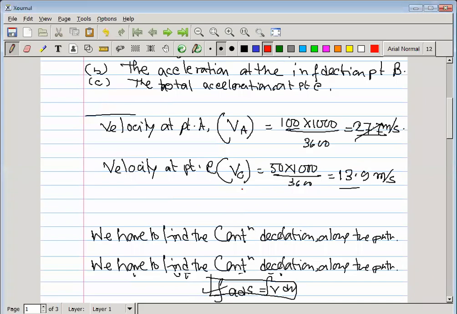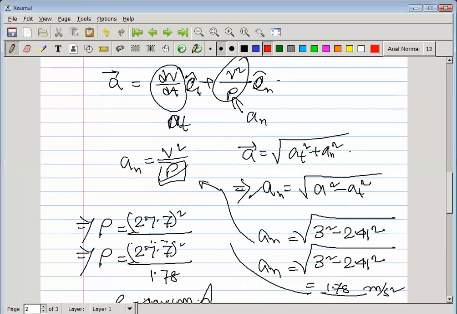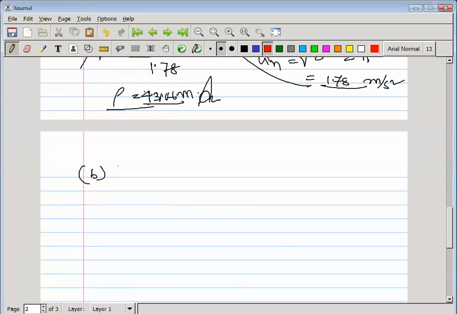Okay, see here at point B, the radius of curvature is infinite, right?